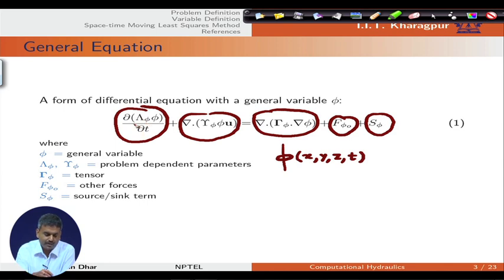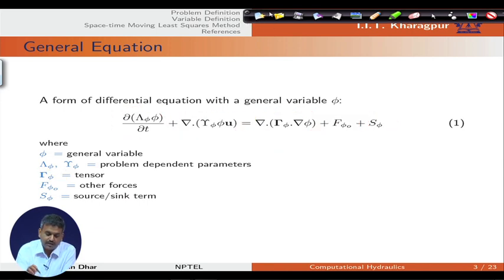Capital gamma phi and epsilon phi are problem dependent parameters, and gamma phi is a tensor. We already know this from our previous lectures, but in this case we need to concentrate on the temporal or space time discretization.